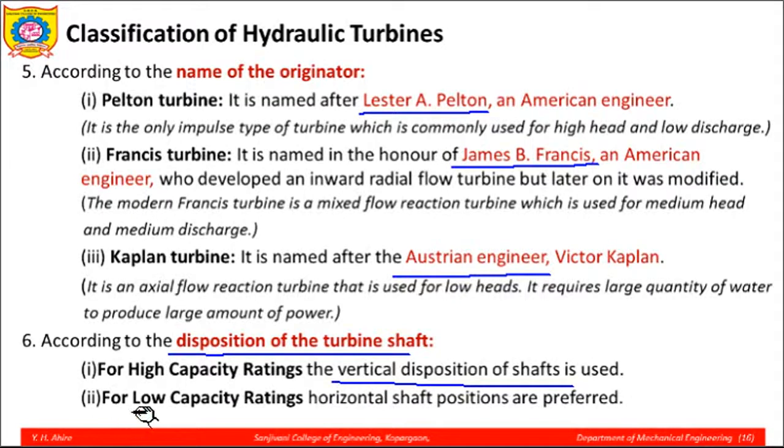While for low capacity ratings of turbines, horizontal shaft positions are preferred. Because if the capacity ratings are more, then what happens is the vibrations will be more. So that's why it is better to keep the axis vertical in that case. While for low capacity, the horizontal shafts can be preferred. Okay. Thank you.